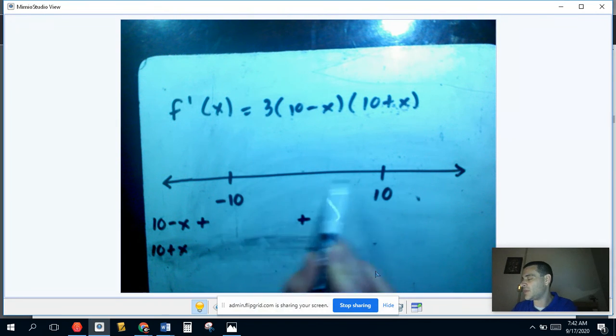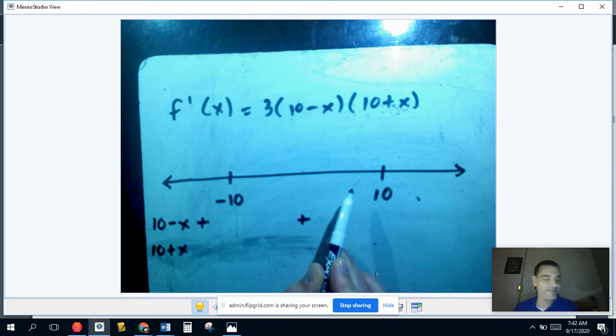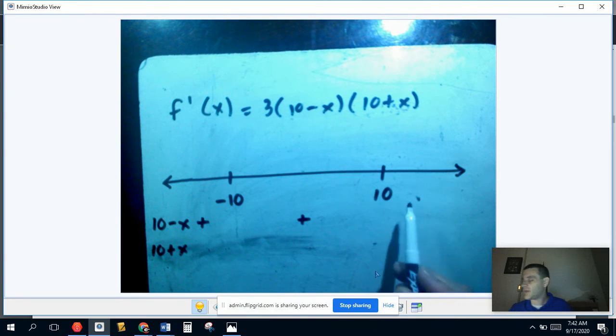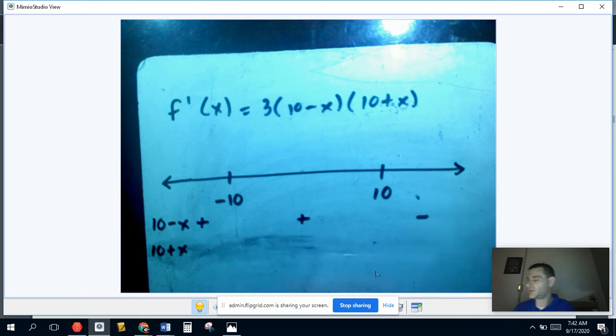You take anything in this area between negative 10 and 10. And if you take anything beyond 10, such as 15, for example, 10 minus 15 would be negative. So again, I took a representative, any representative, negative 11, negative 50, negative a million, whatever, and put it into this first factor and determined that it would be positive. Took any representative from here, usually the easiest, 0, and determined that that's positive. And took a representative from here, I just chose 11, anything beyond 10, and found out it was negative.